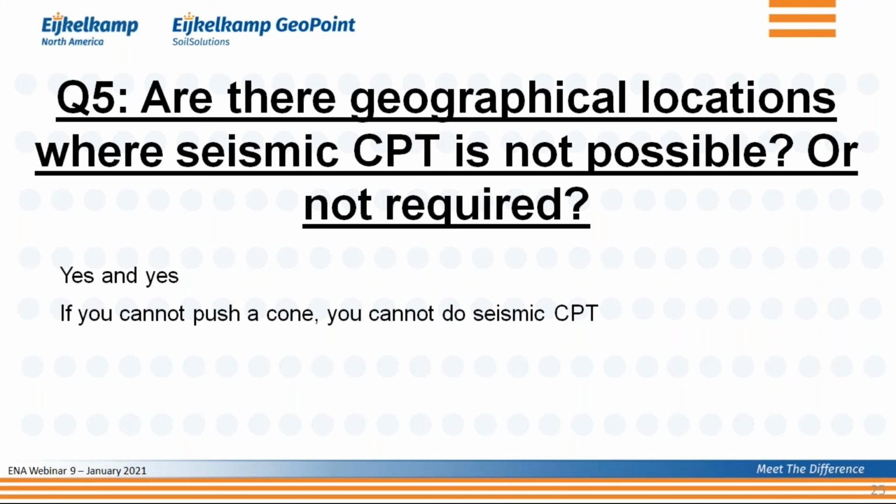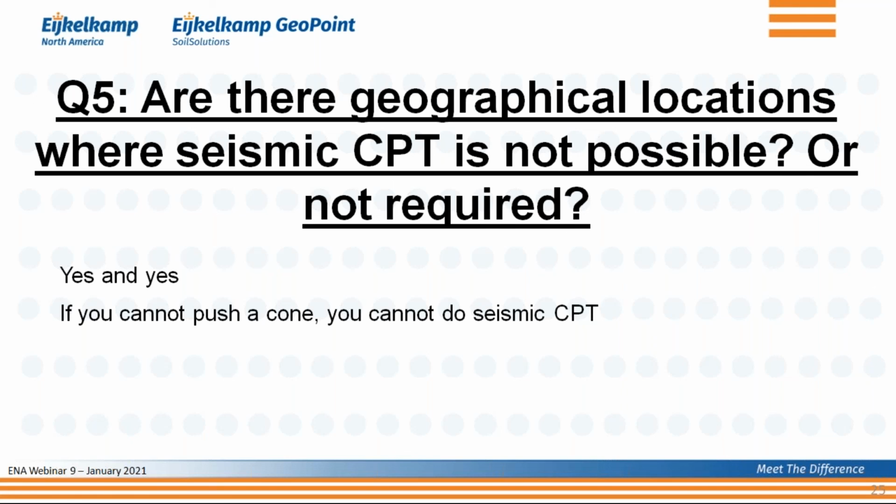Where it's not required, a lot of places, what we see around the world is that you are doing in a given area X numbers of CPTs to get an idea of the soil profile, and a fraction of that, say a third or a fifth of the total number of CPT soundings that you do, are then utilized with seismic CPT.